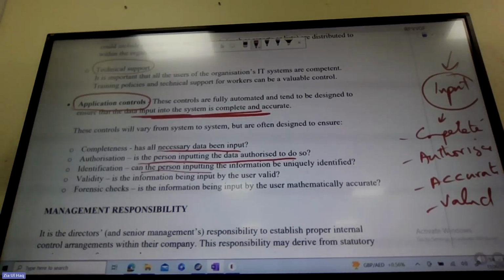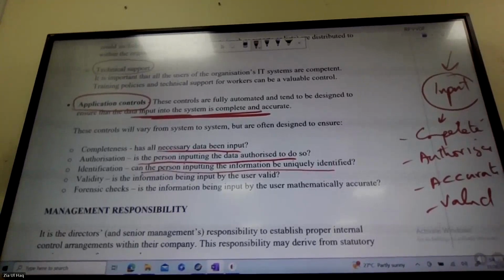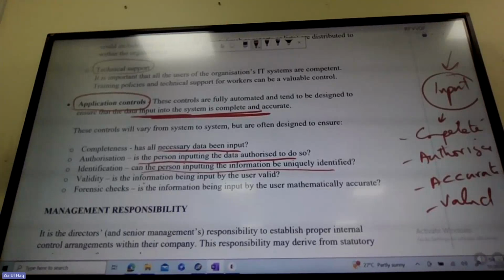Identification means your system should identify the authorized user, not through a password, because a password can be stolen. The system should identify the authorized user either through thumb impression, face ID, or retina recognition. Validity: the data entered into the system should be valid, meaning not invalid.